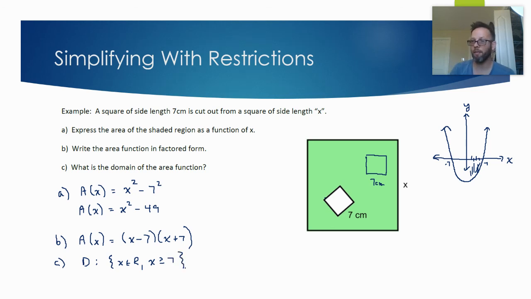Technically, if it was 7 centimeters, you'd be cutting out the entire thing. So nothing there is crazy complicated in terms of factoring from your grade 10 course. But thinking about what the domain would be is a bit new, because we have a polynomial or quadratic function, and we're not used to restricting the domain for that, but often real life does restrict the domain. So just a fun little exercise there.